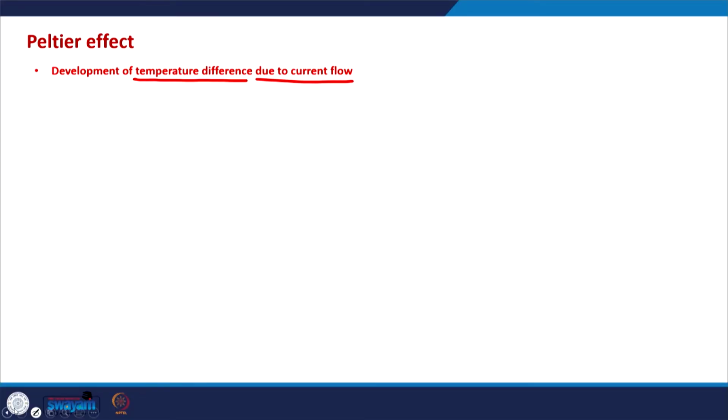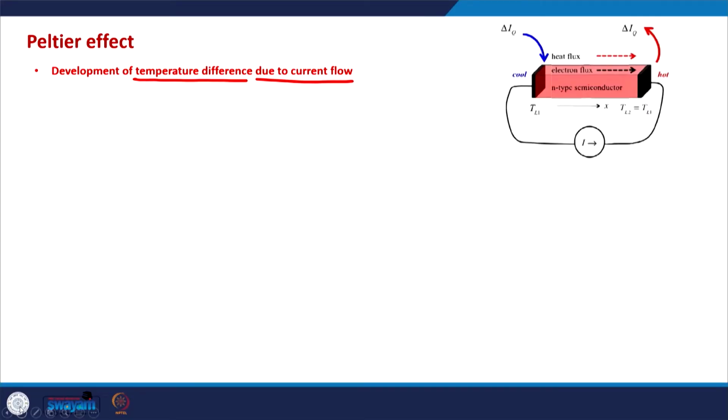This is when we force a current. So for example, if we have a semiconductor and TL1 is equal to TL2, which means both of the ends are at the same temperature, and in this semiconductor we force a current from contact 2 to contact 1 this way, which means that electrons will flow from 1 to 2, electron flux will be in this direction.